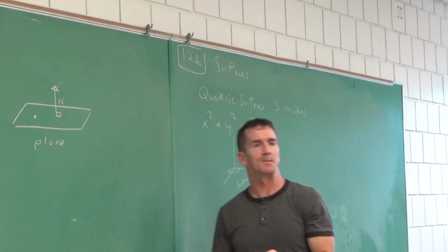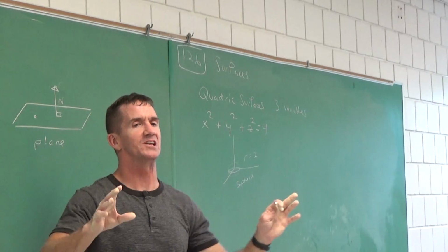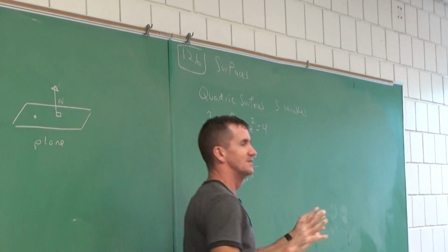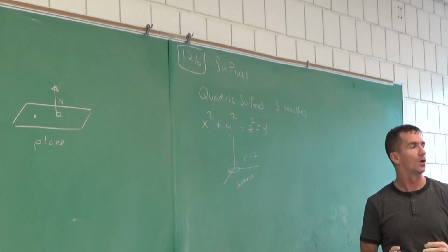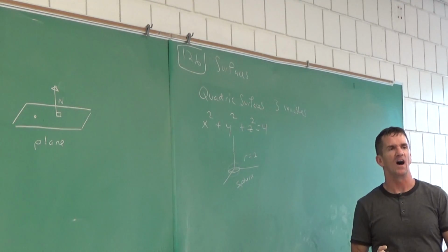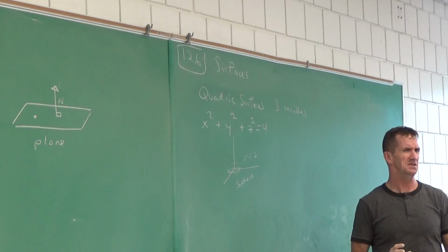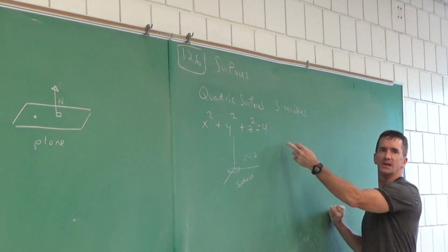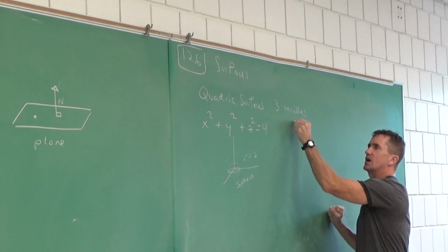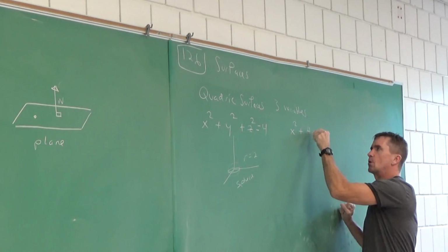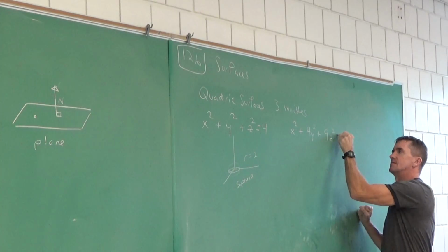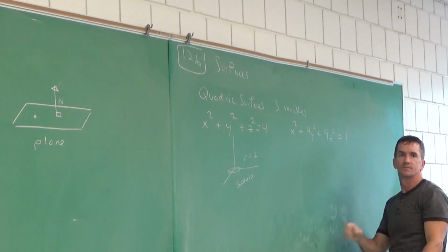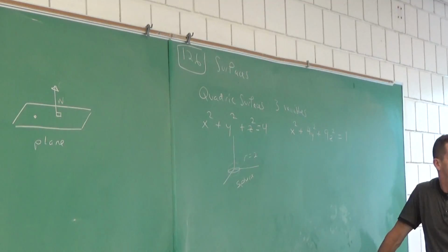So right off that problem, we got to go to something very close to this, but it's not a perfect sphere. I mean, a basketball, it's a sphere, right? A football, is that a sphere? No. So what would happen if you had x squared plus 4y squared plus 9z squared, and let's just say it equaled 1?